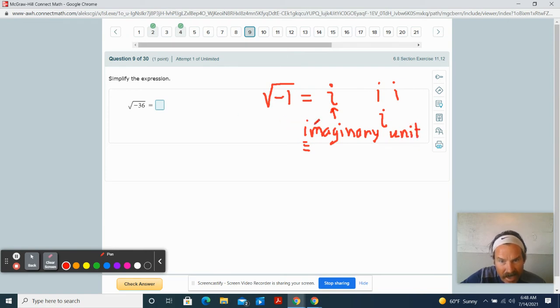Okay, and it's denoted by the letter i. So anytime you have a square root of a negative number, it's going to be written in terms of i.